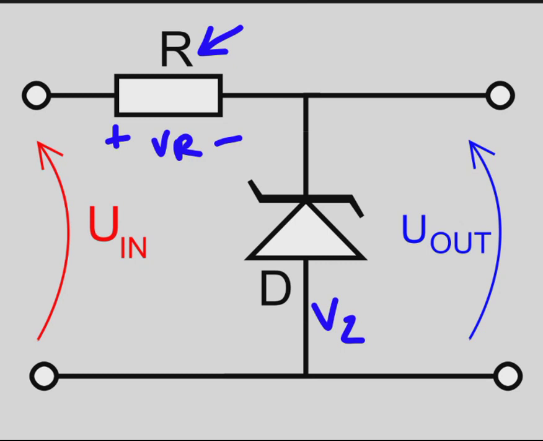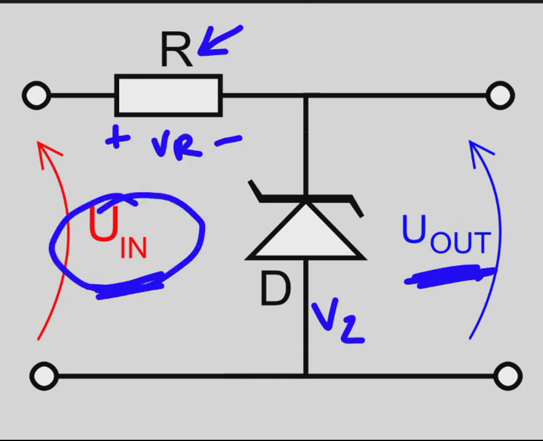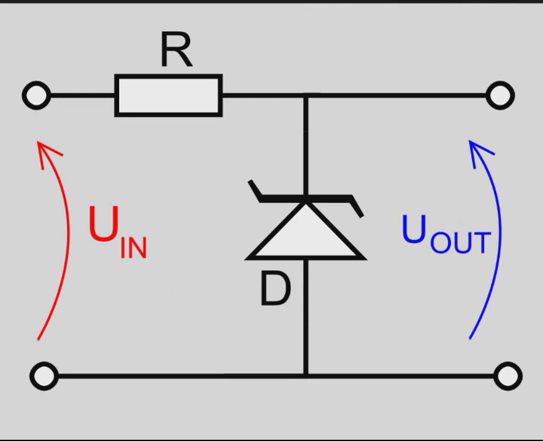Then your output voltage is not a regulated version of the input voltage, and it will still be unregulated. There will be variations in the output voltage whenever there are variations in the input side or in the load. So this is the function of the Zener as a regulator that we have seen in this module.